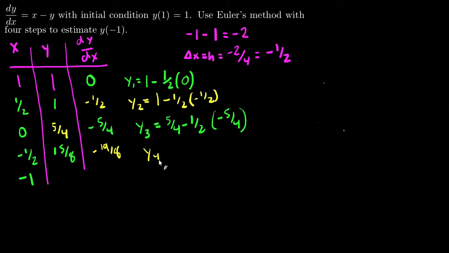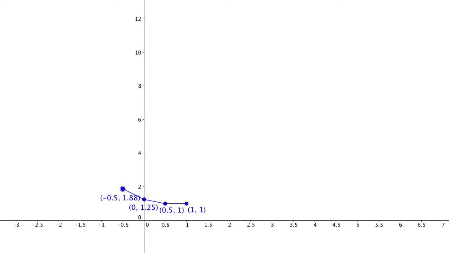I calculate my fourth y value, which is my previous y value, 15/8, minus 1/2 times the new slope, -19/8. -19/8 times -1/2 is positive 19/16. 15/8 is positive 30/16. And so when I add that up, I get 49/16. And looking at the graph, take a step size left of 1/2 with slope -19/8. And I get to -1, 49/16.